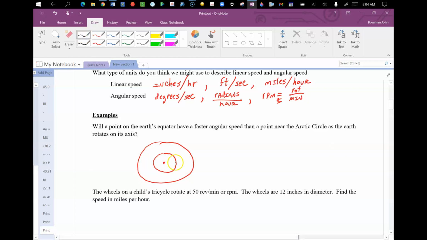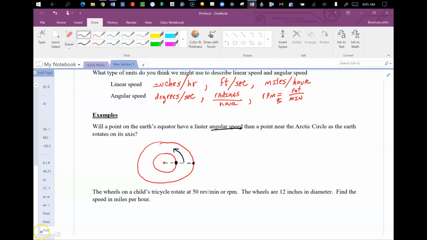And if we put points on them and we connect them with a radius and we start our rotation here, let's say counterclockwise, you will see that their angular speed is going to be the same. Why? Because they're going to move the same number of degrees per unit time, or radians per unit time, or the same number of rotations per unit time.